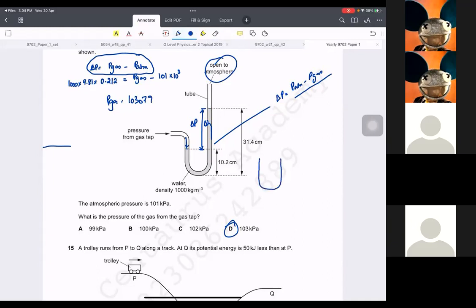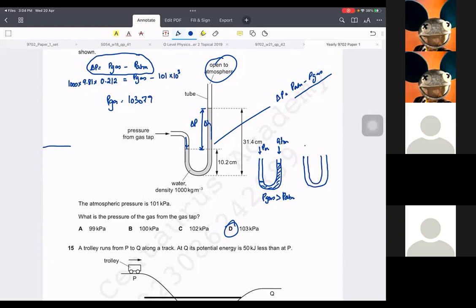This is a tube. So here is atmosphere acting. This is gas, right? If this liquid is down, this level is up. This means that gas pressure is more than atmosphere, right? Yes.